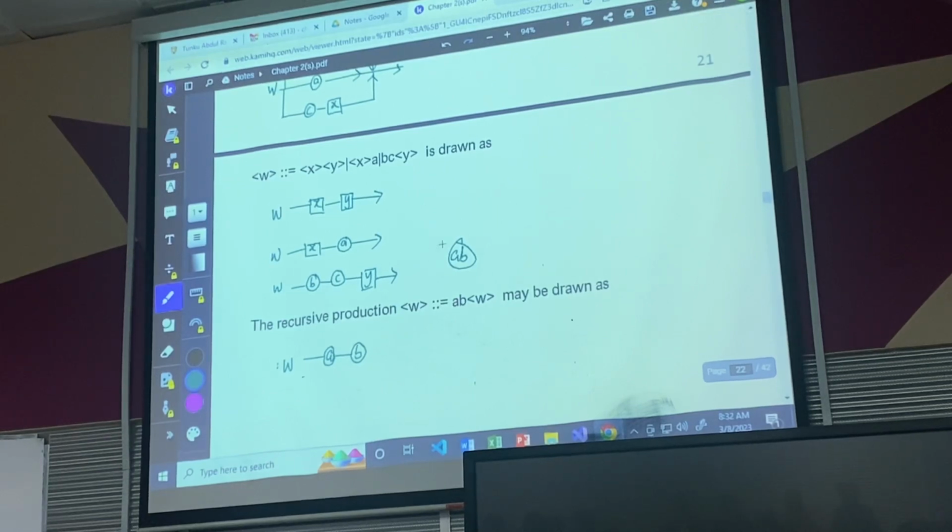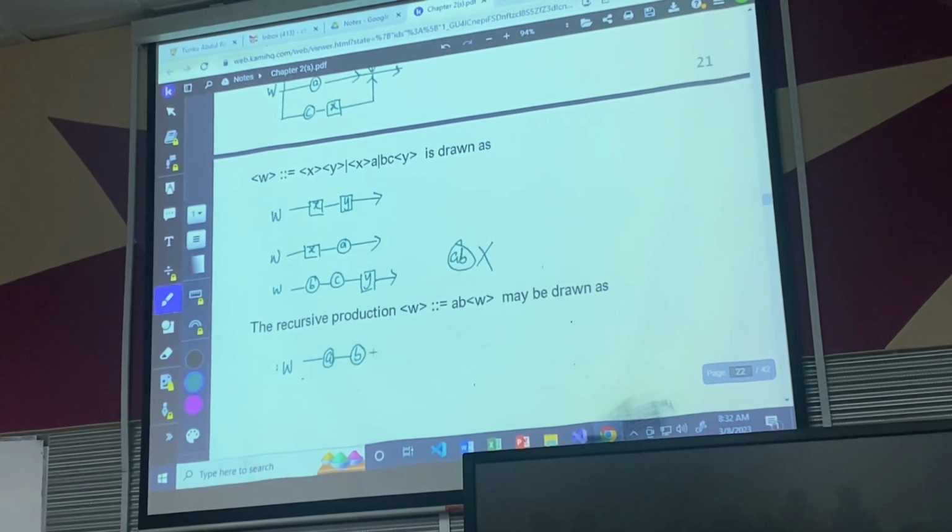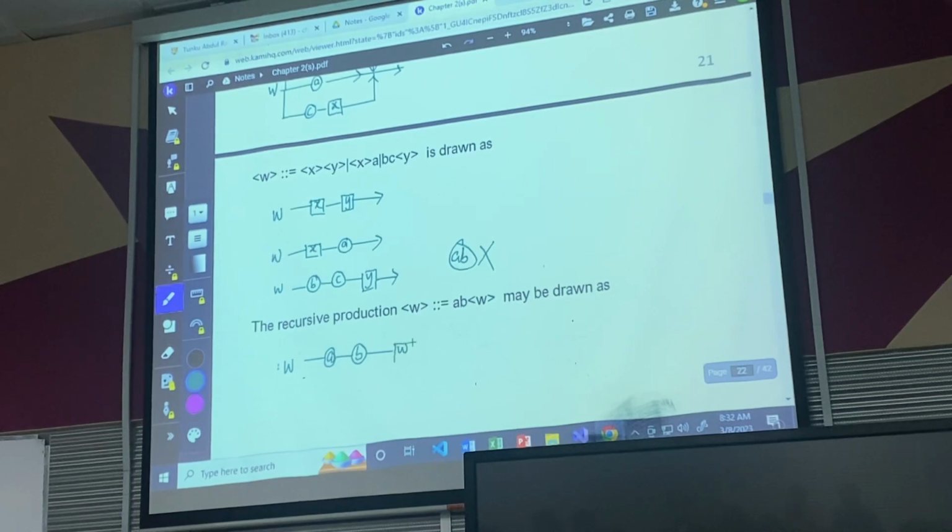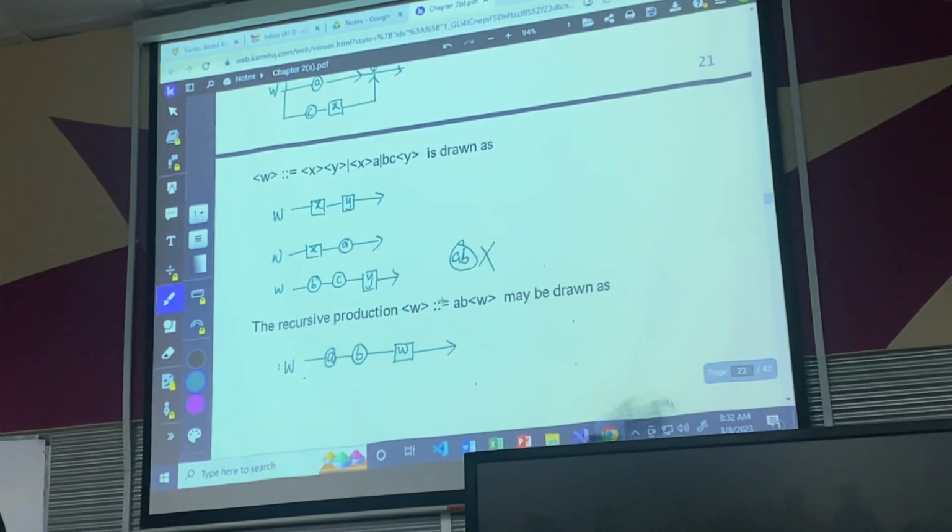Don't combine the two together. Draw one circle A and then B and then W. This is a straightforward substitution. You substitute straight away A, B, W. Anyone have a different answer?